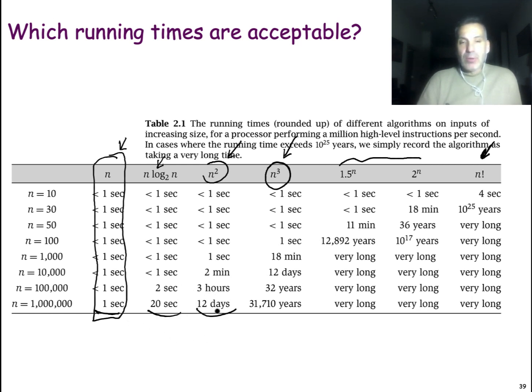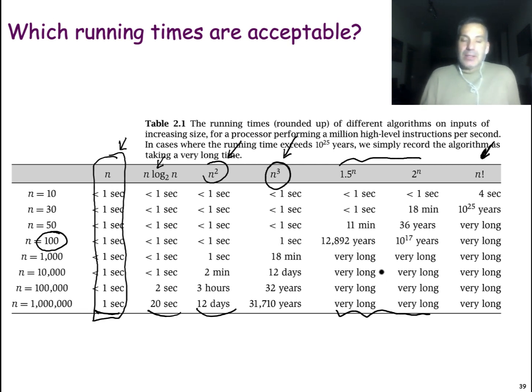Even if you have to wait for a few days, you will get your answer. When we get to algorithms, however, that take an exponential amount of time, or even more than that, then even for relatively small problem sizes, such as 100 input elements, it will take years to give you an answer.